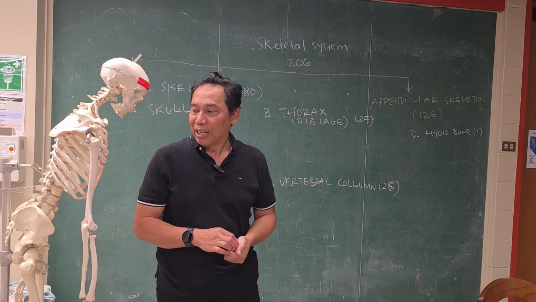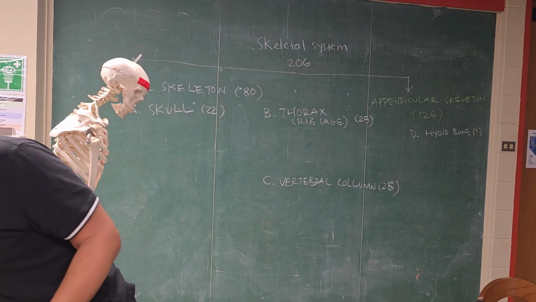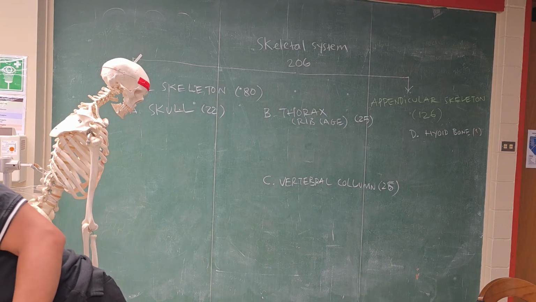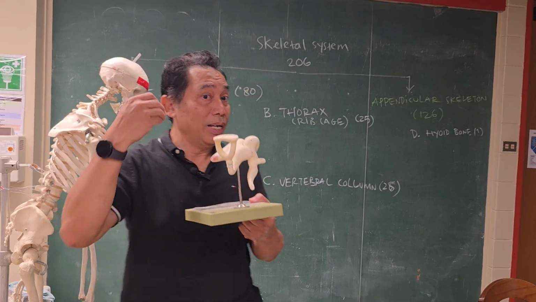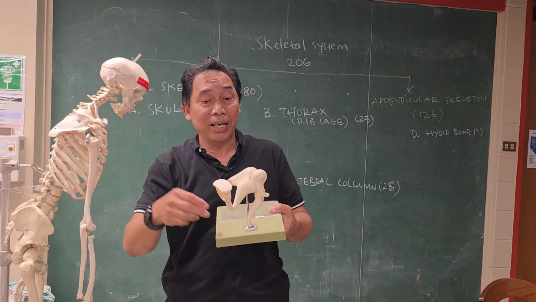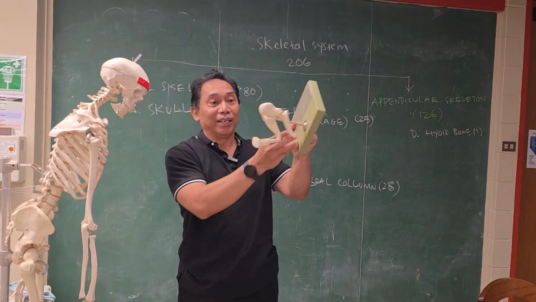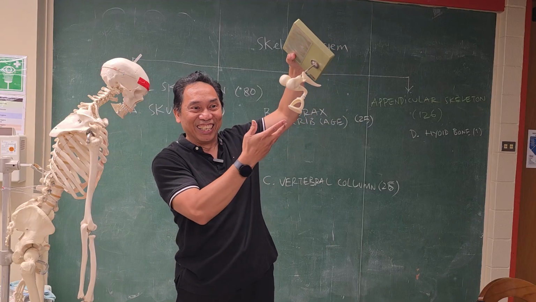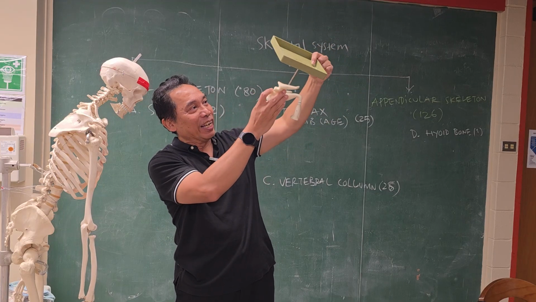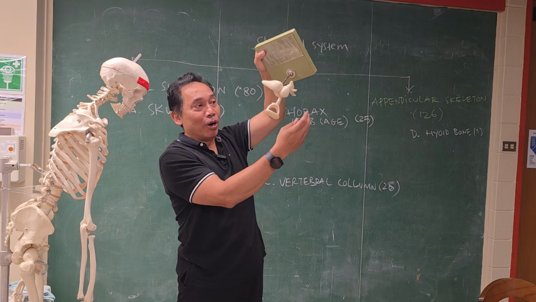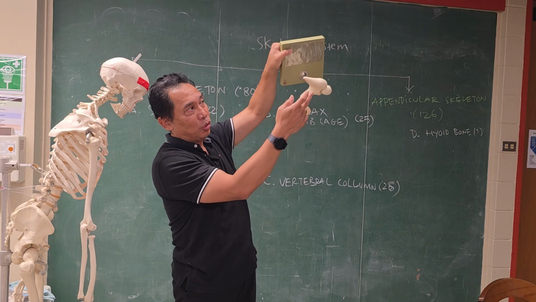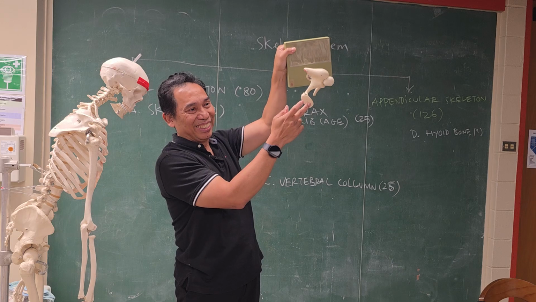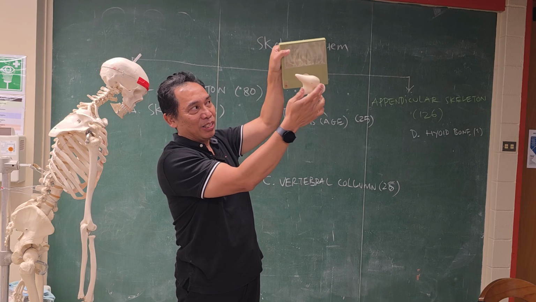That 6 is actually coming from your ear. In the middle ear, we have 3 bones in each ear. This one is too big, this is just a kind of model. This one over here, 1, 2, and 3.